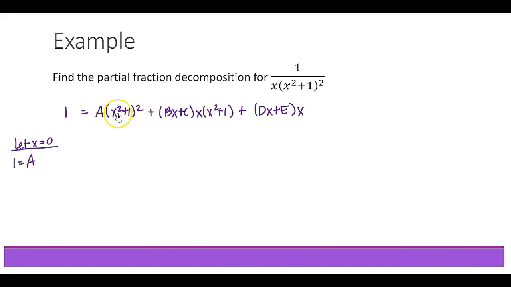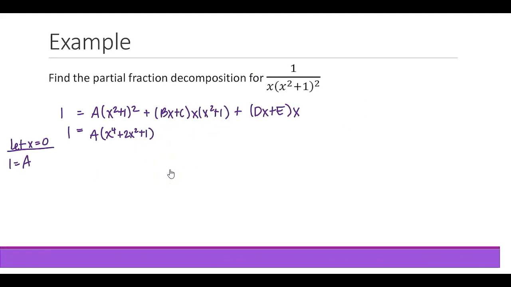Before I do that, I'm going to start to think about, on the right-hand side, what would happen if I start to multiply everything out over here. So here it's sort of unavoidable. So I have 1 is equal to a times, if I distribute this out, I'll get x to the 4th plus 2x squared plus 1. And then here I'll start to at least distribute.